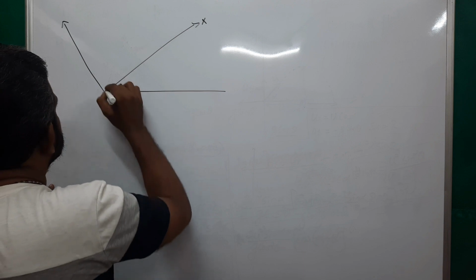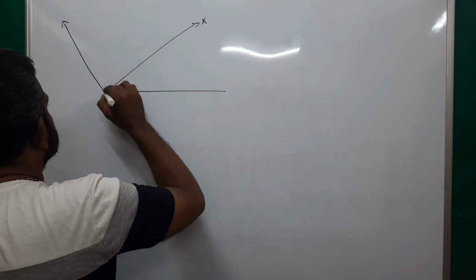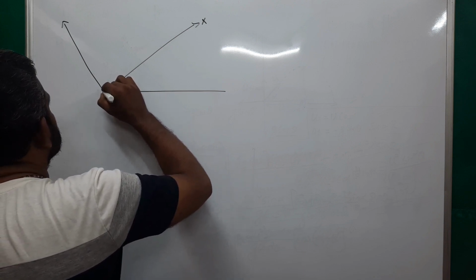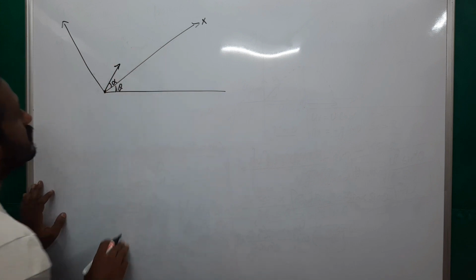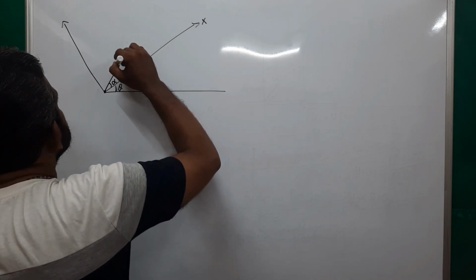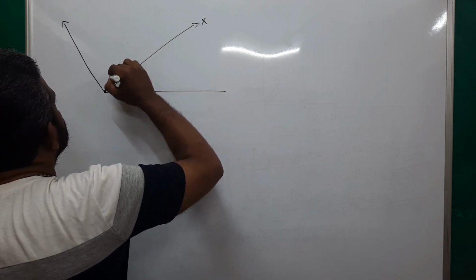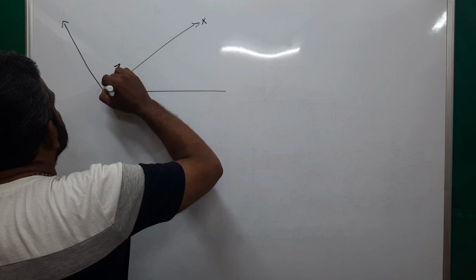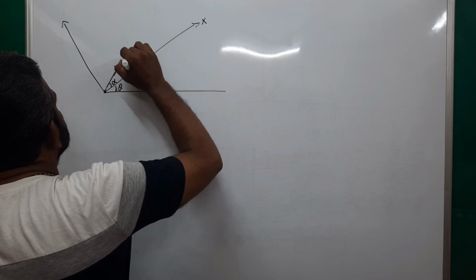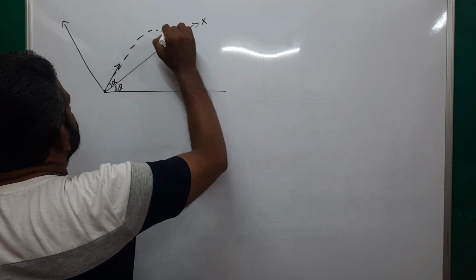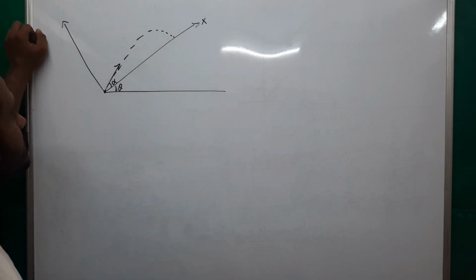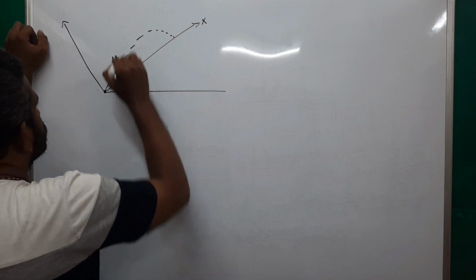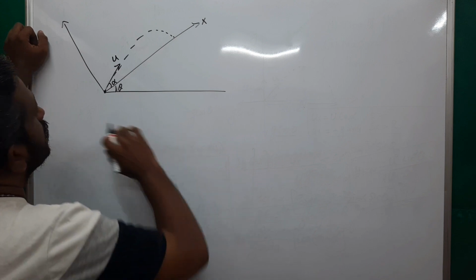An object is projected from here at an angle alpha with the x-axis, and it makes a trajectory like this, with an initial velocity u.